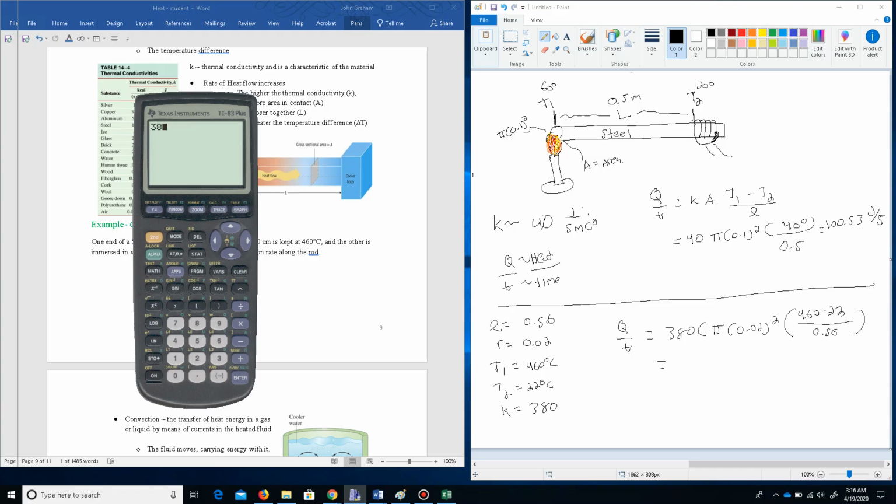So 380 times pi times 0.02 squared times, I'll put this in parentheses, 460 minus 22. Let me just do this one first, and then we divide it by 0.56. And you get 373.5 joules per second.